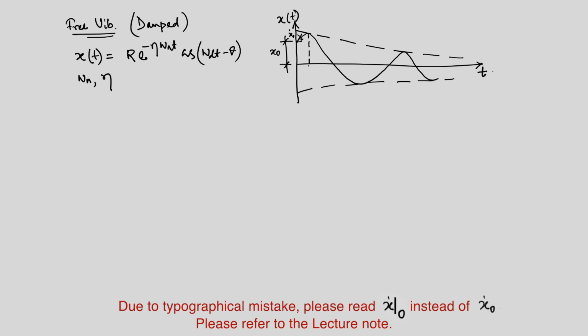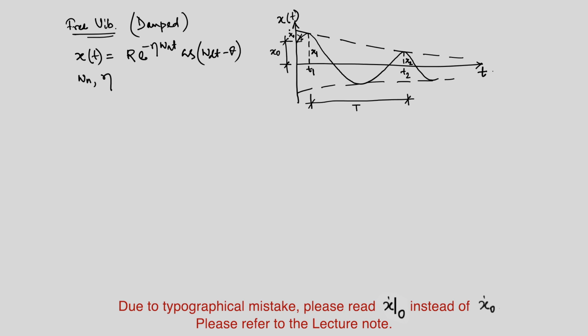Let us consider, say, this point is T1. At T1 we have this response. We can consider any time point. So, this is, say, x1 at time point T1, and we consider the point T2. At this point the response is x2, but obviously because of the damping the response has reduced from x1 to x2. What we can also conclude is that T1 minus T2 is the time period.